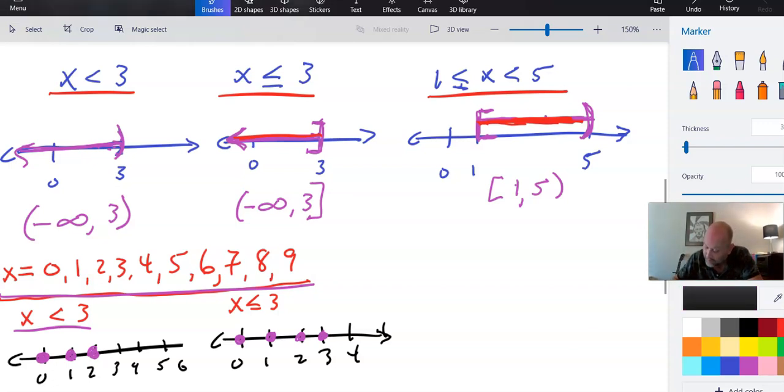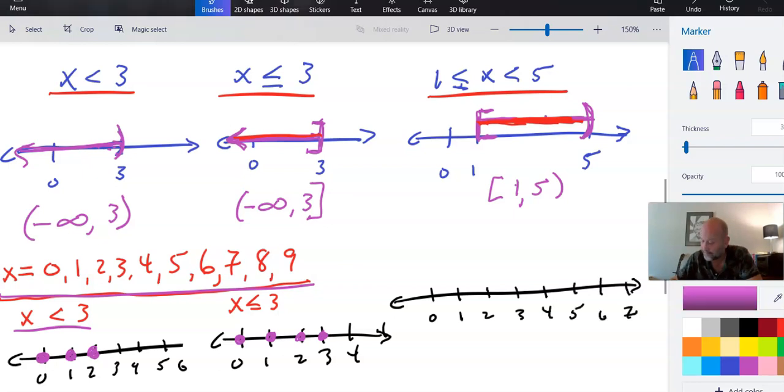All right, so now let's go ahead and look at the next one here. I'm going to put a few more tick marks on this one. So we're looking at this inequality, and keep in mind, we're still using this list. I just don't want to keep rewriting lists over and over again.